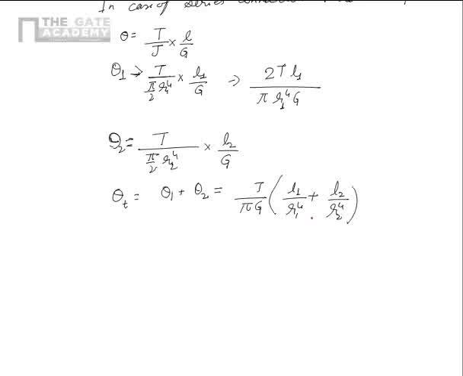And this formula can be extended to any number of bars. Let's say we have 4 bars like this. We can extend it to theta 1 plus theta 2 plus theta 3 plus theta 4. We can extend the same formula in the similar way.